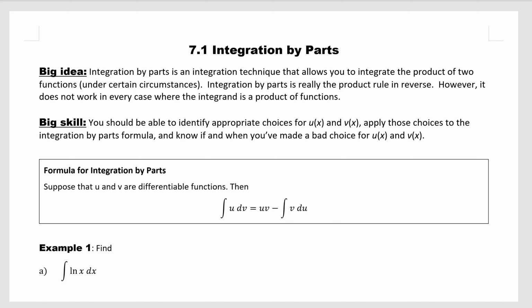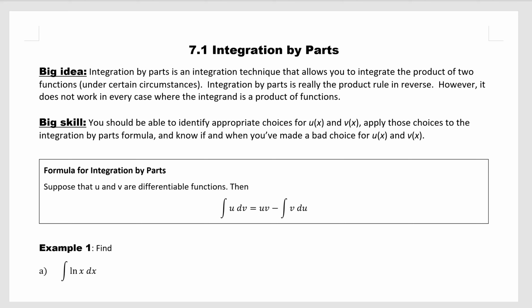Okay? So the ideas. Integration by parts is an integration technique that allows you to integrate the products of two functions under certain circumstances. Integration by parts is really the product rule in reverse. However, it does not work in every case where the integrand is a product of functions.